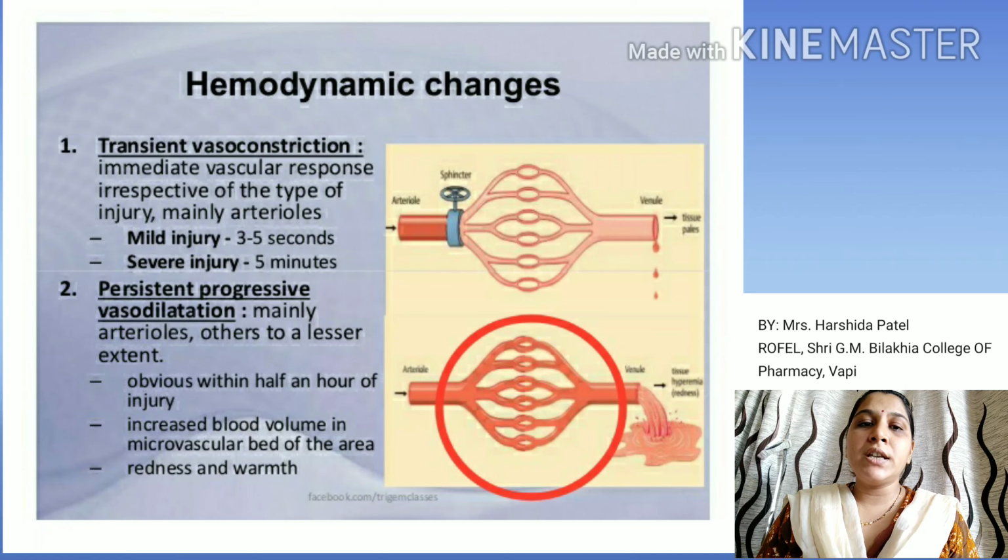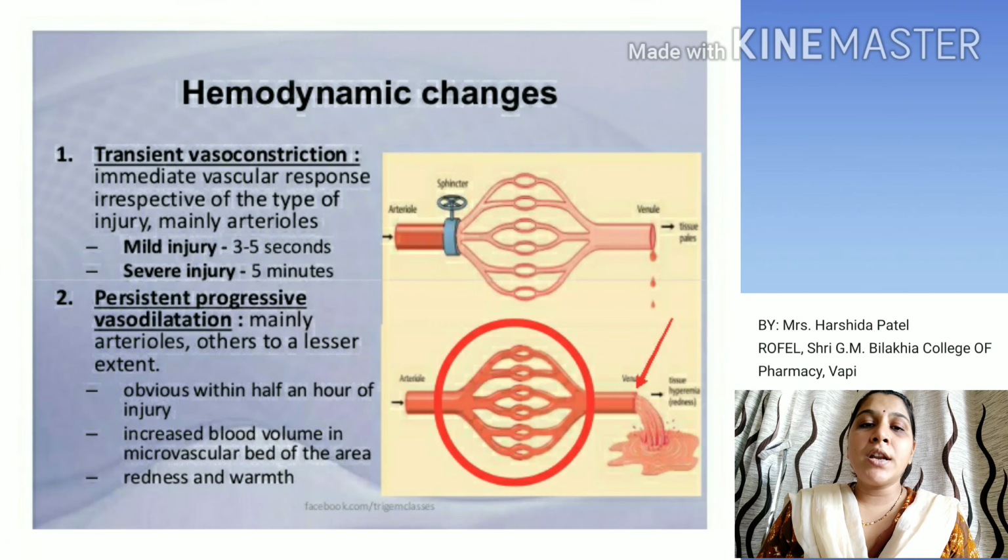Here you can see that as there is persistent progressive vasodilation, there is increased blood flow. As a result the flow is also increased in the microvascular bed area. And as there is increased blood flow in those areas, you can feel redness and warmth in that area.